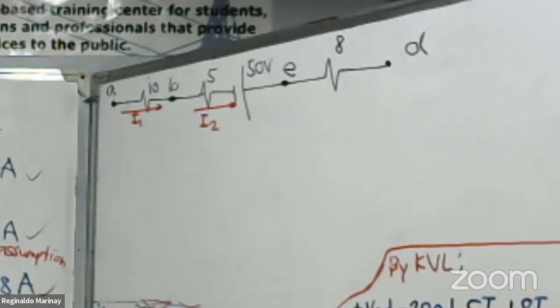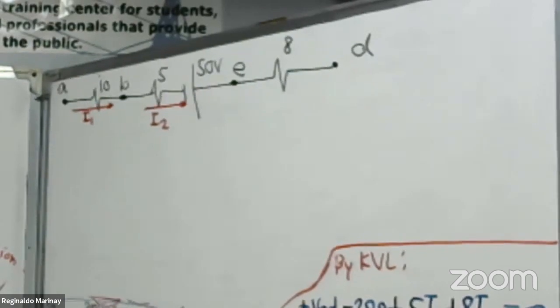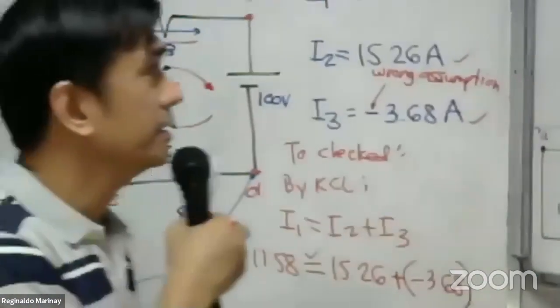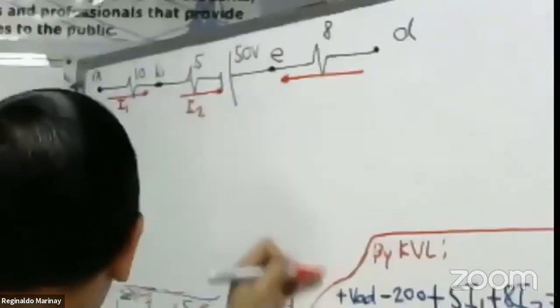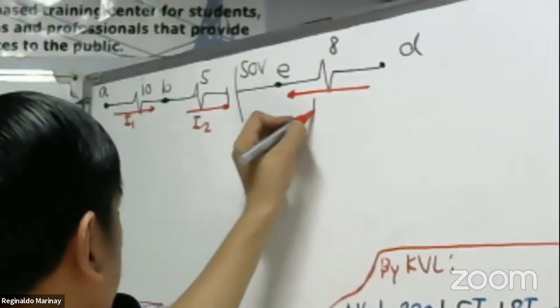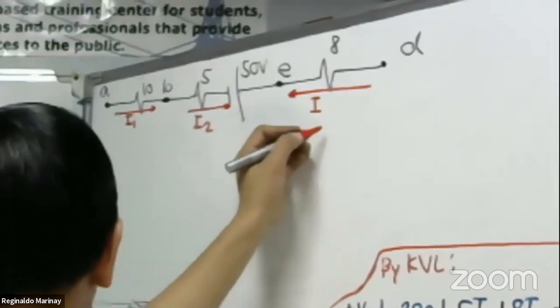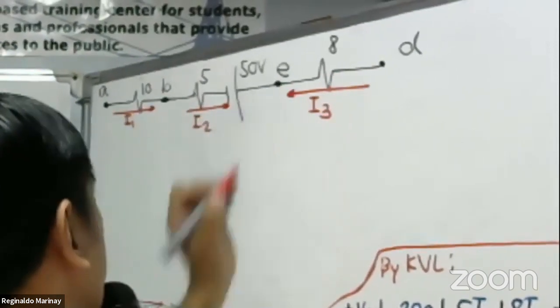Okay, so what about here from E to D? Okay, the direction of I3 is pointing to letter E. Okay, it should have the same current, not be affected.